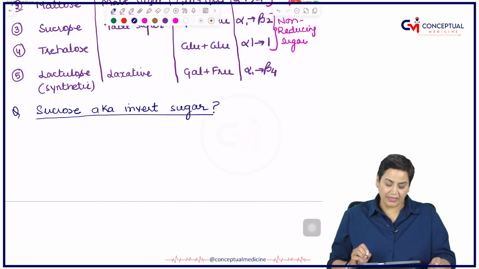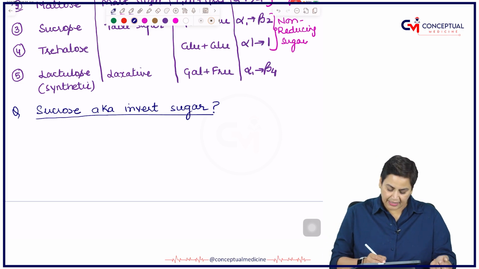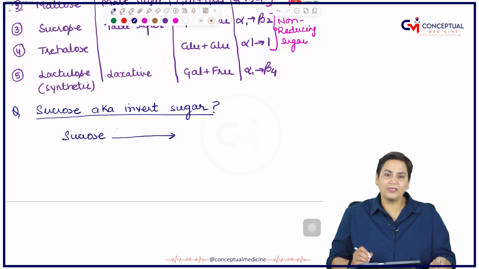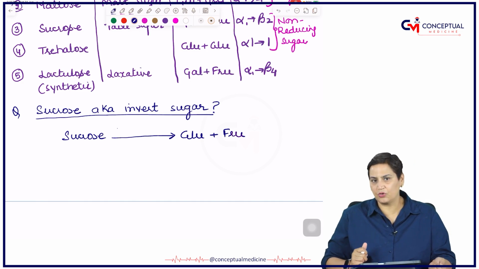If we look at the structure of sucrose, it appears to be dextrorotatory. On hydrolysis, it is going to give glucose and fructose.